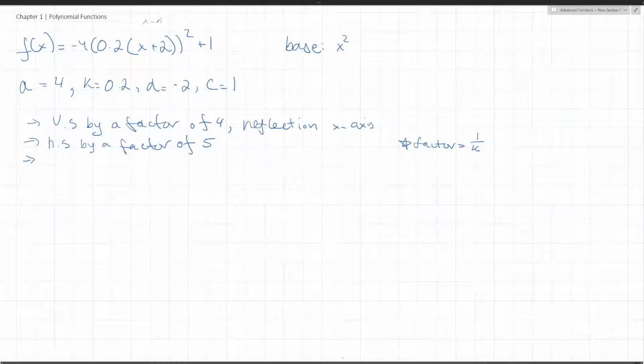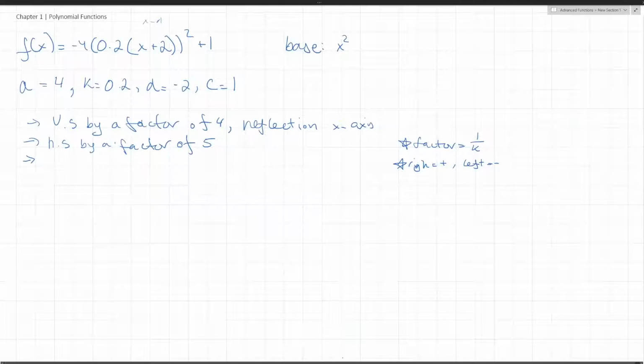Then we have our x plus 2 component. Again, it is usually x minus d. Since we have a plus here, that means we're going in the opposite direction of what we usually consider, since right is positive. Again, right is positive, and so left is negative.